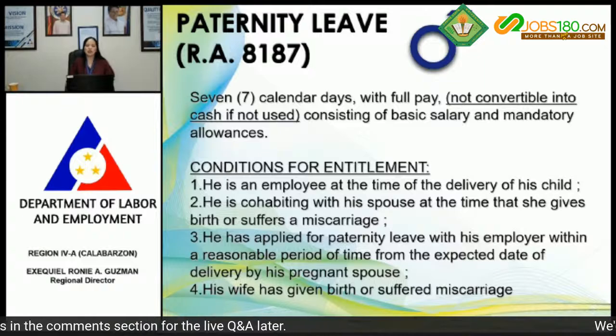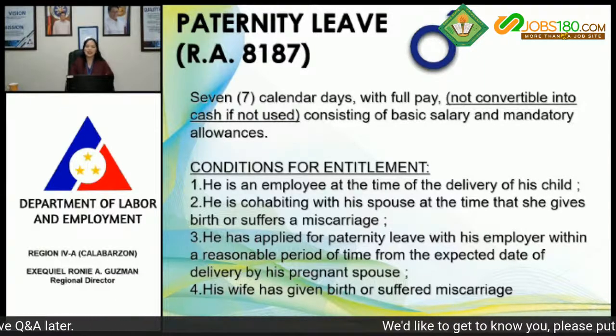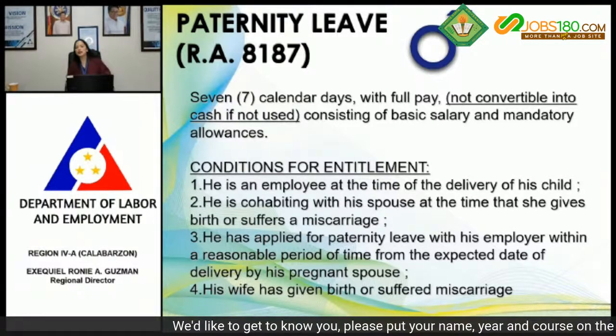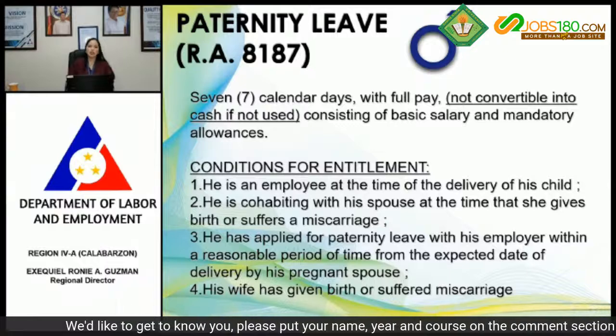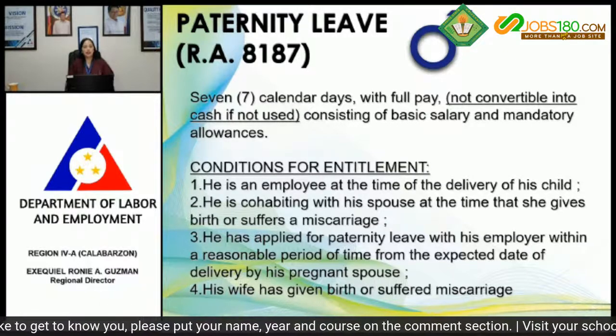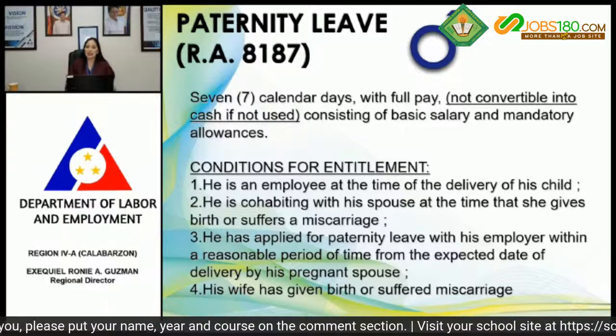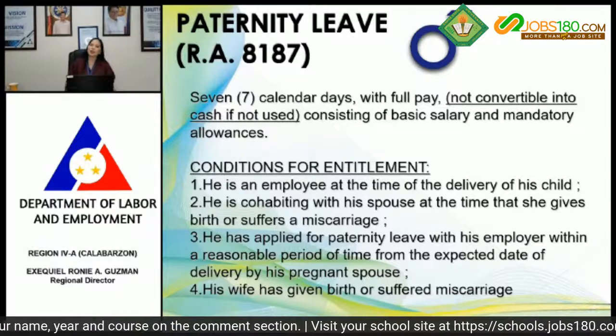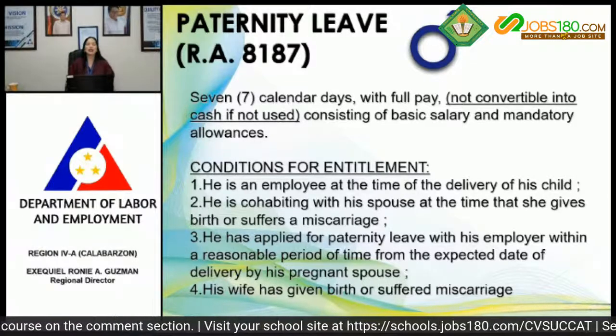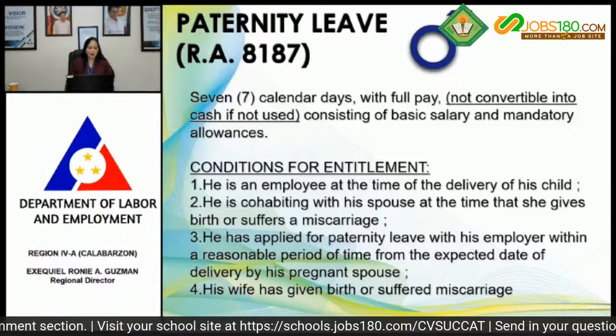So, conditions for entitlement: he is an employee, they are cohabiting, he applied for paternity leave, and there was a delivery or even a miscarriage. So even in case of miscarriage, the husband can avail of paternity leave.